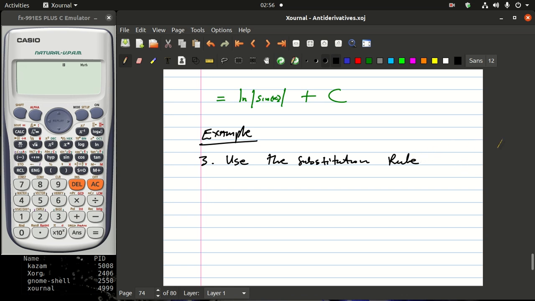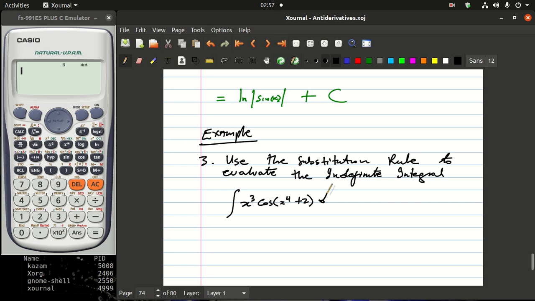Use the substitution rule to evaluate the indefinite integral of x cubed, cosine of x to the power 4 plus 2, dx.